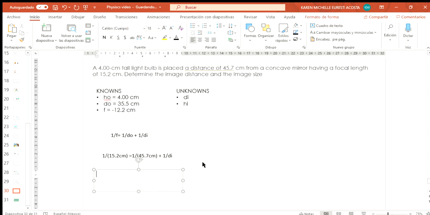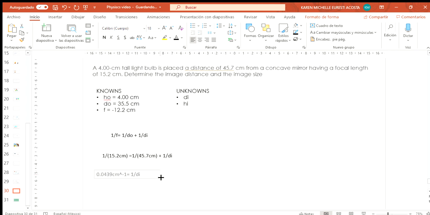As in the other problem, we do the operations and we pass the result that is in here to the other side, and we end up with 0.0439 centimeters to the minus 1 equals 1 over di.